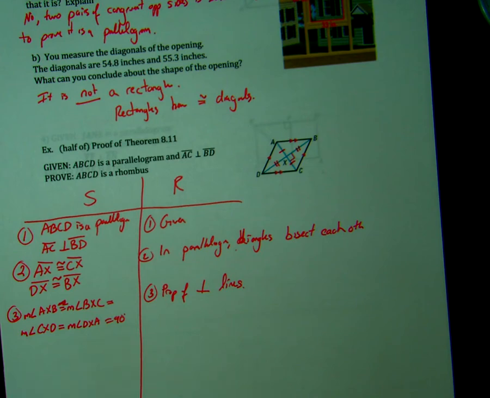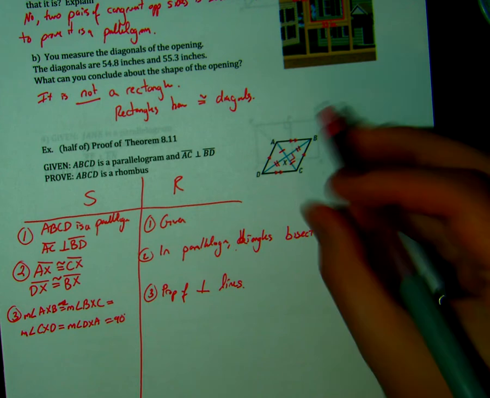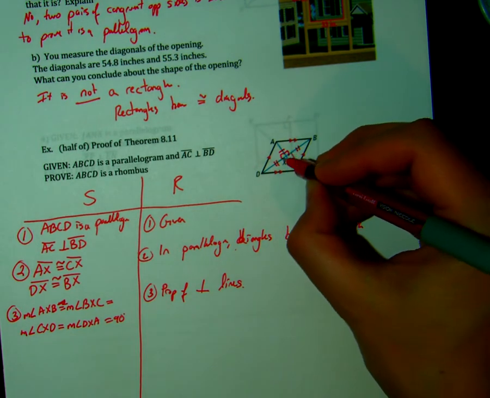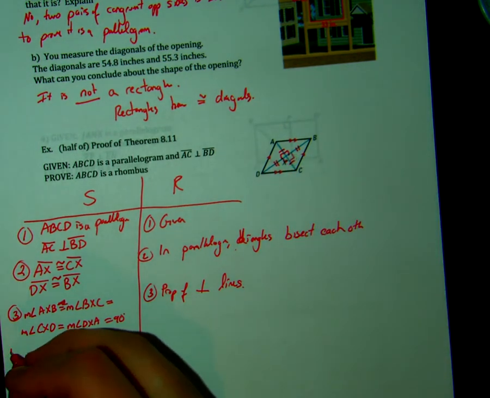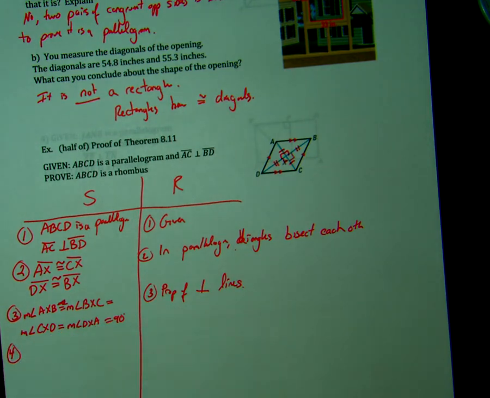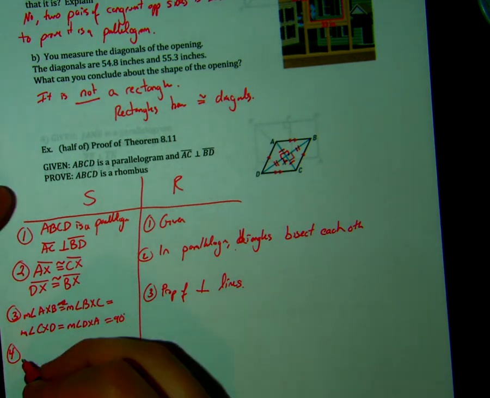Okay? So now what we have is all these tick marks here. We have all these right angles here, which means we actually have a bunch of congruent triangles. So I'm going to be careful with the naming.